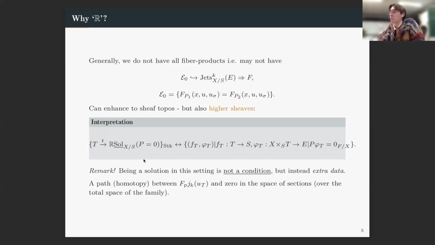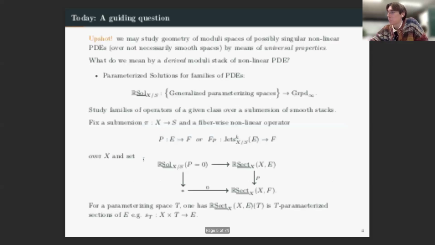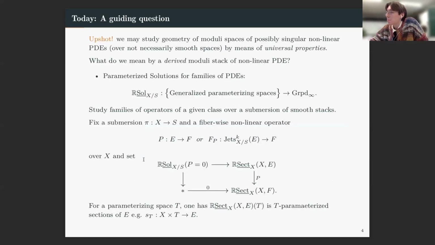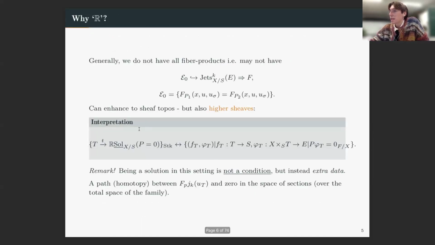And it's not super important to know what a stack is. It's just a functor valued in some higher object, maybe on some homotopical site or category. So in this case, from this description, if we take some T-parametrized solution, it's a map in some category of stacks or some higher functors, and it amounts to, again, some T-parametrized section, maybe over S, and it satisfies your equation.